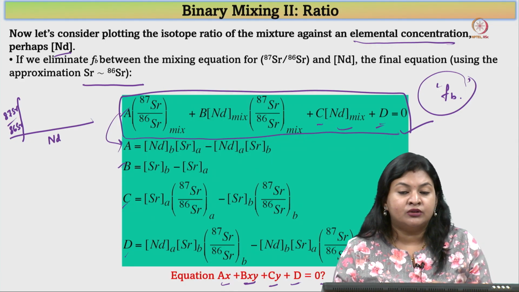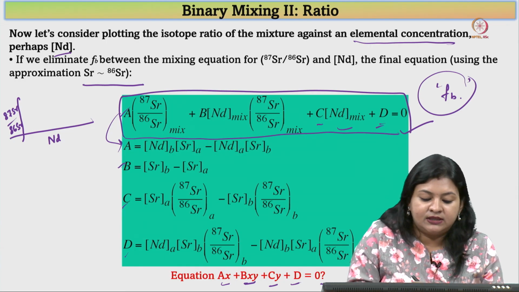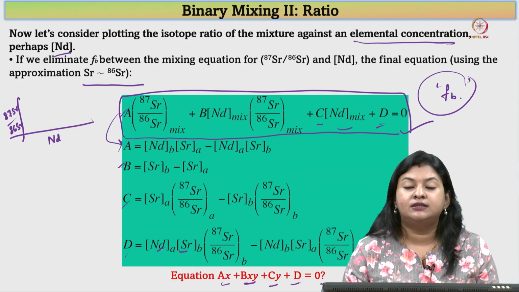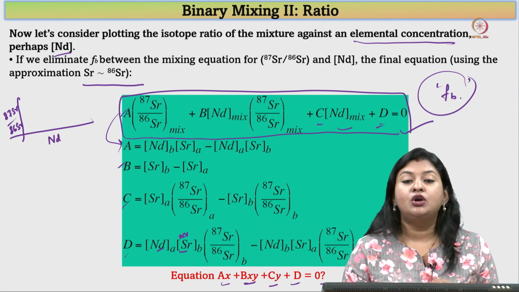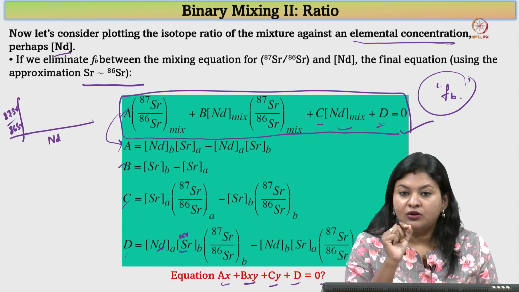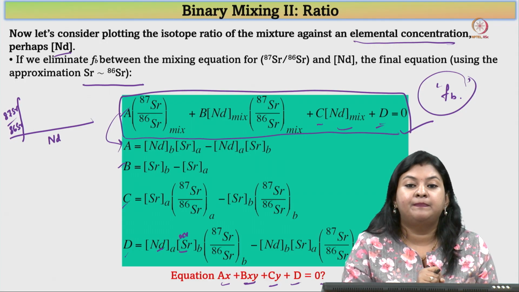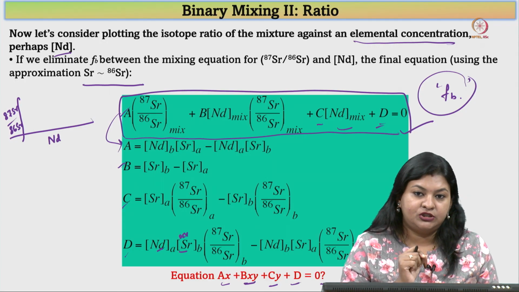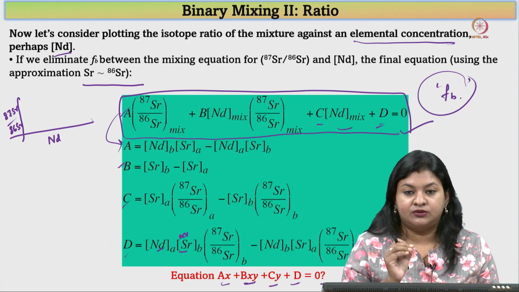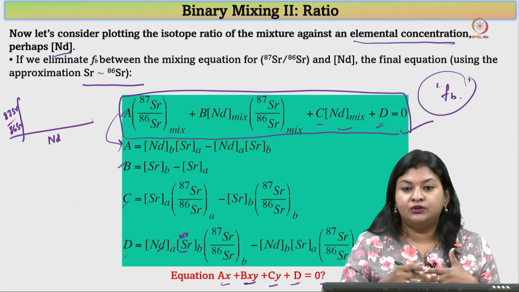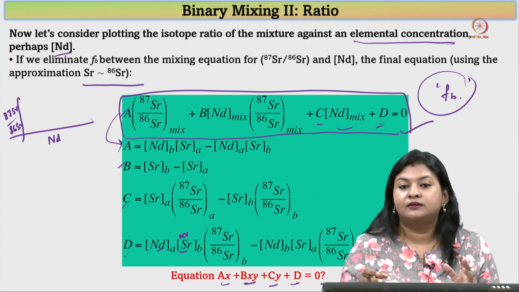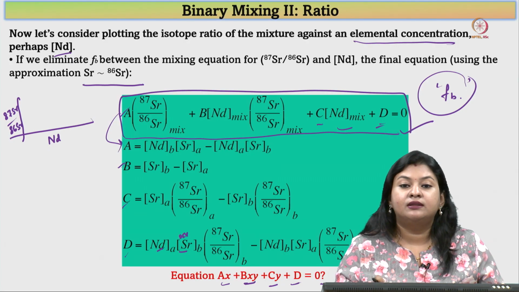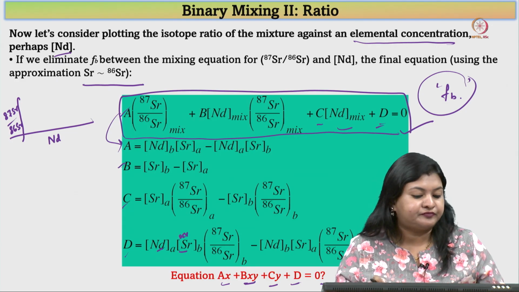With this assumption, all our equations become very simple to deal with, because now we are dealing with only the concentrations and not the isotope concentrations. So, this is a small approximation that we make, and you will see that it works very well. That is why it is practiced, because when we are doing real life measurements, we see that it is working pretty much fine given the acceptable errors.